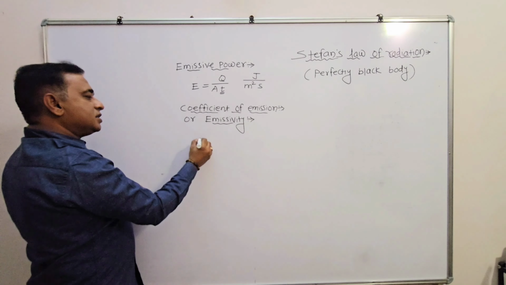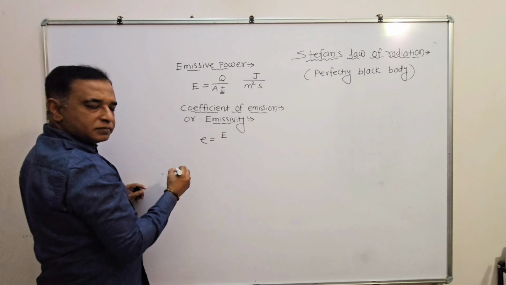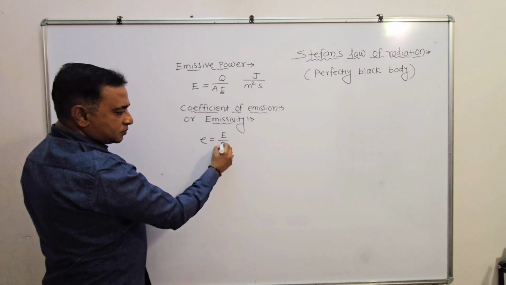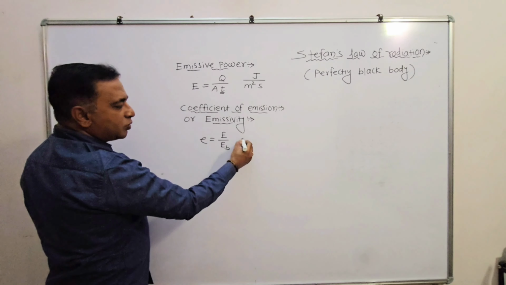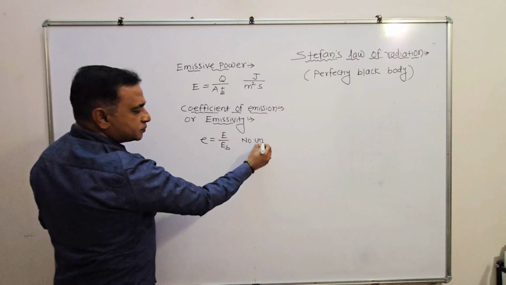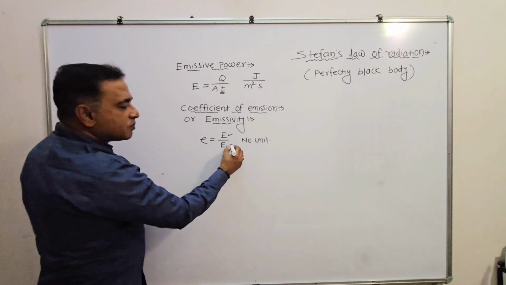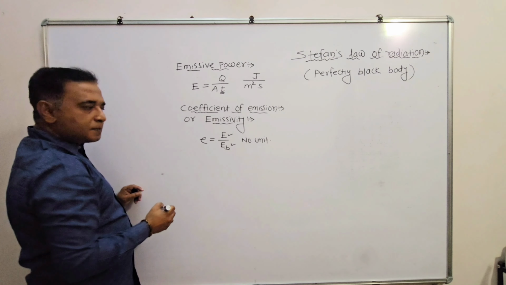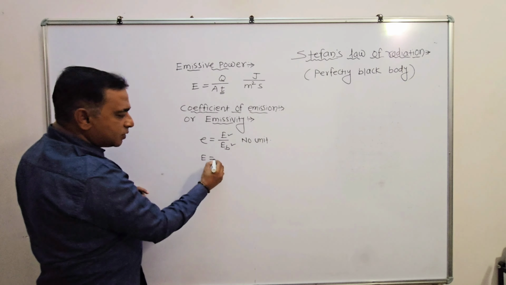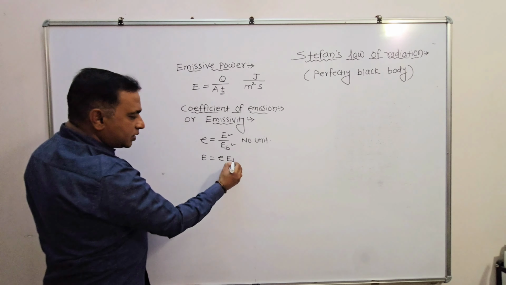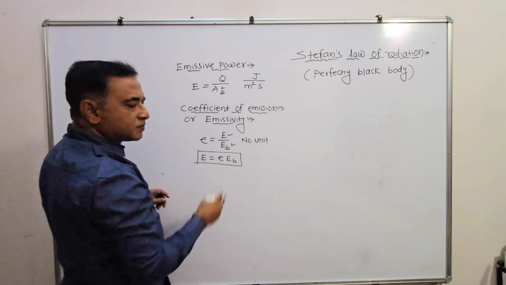Now this emissivity e is equal to a ratio of similar quantities, so it has no unit: the emissive power of a general body to the emissive power of a black body. So in terms of e, we express that E is equal to e into E B. This is another relation that we need to utilize.